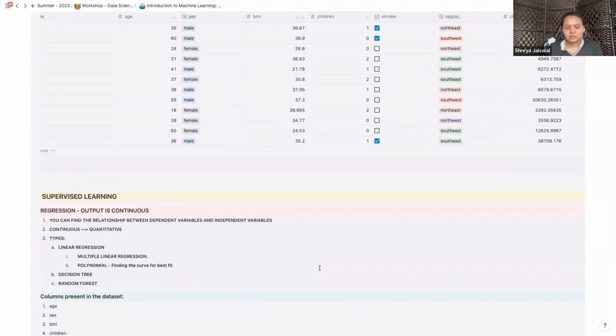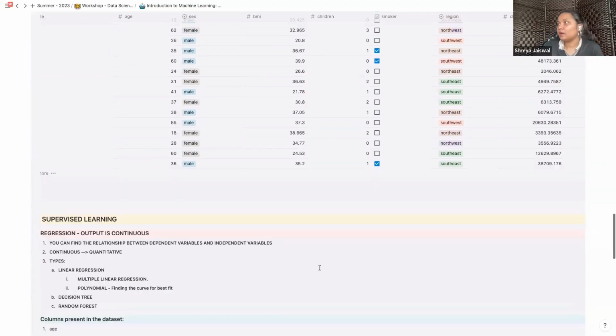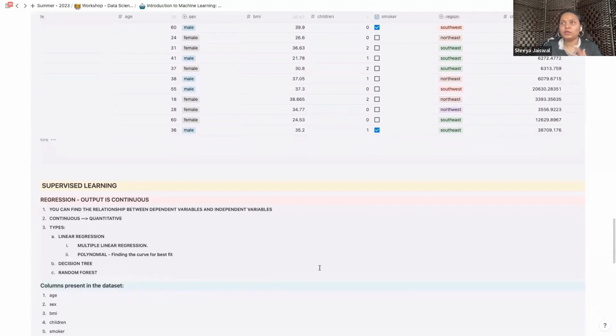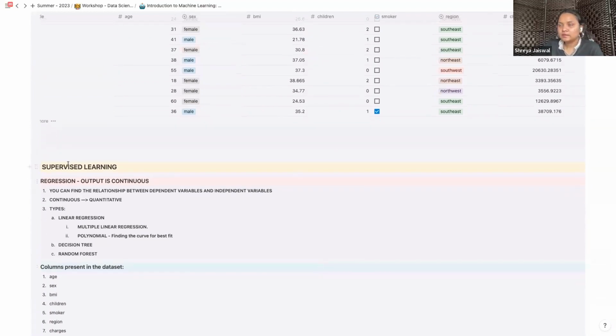So now, since we already have it labeled, this particular kind of machine learning is what we call supervised learning. Supervised learning is when our data is labeled, we know what we are going to predict. It can be quantitative, it can be qualitative.